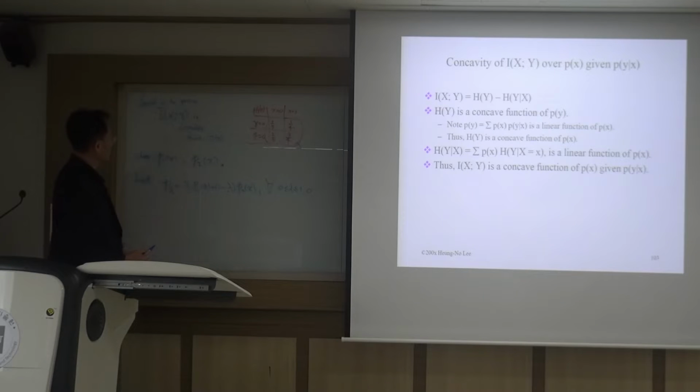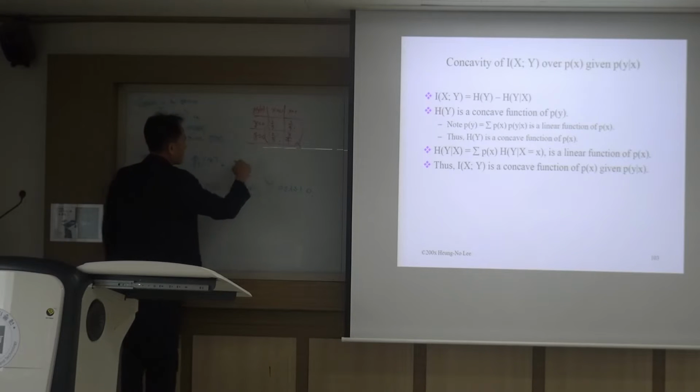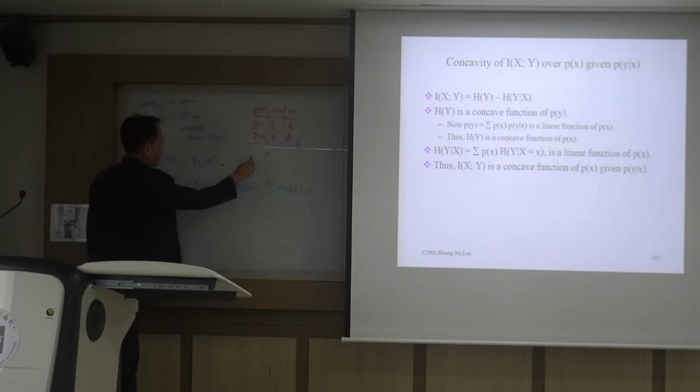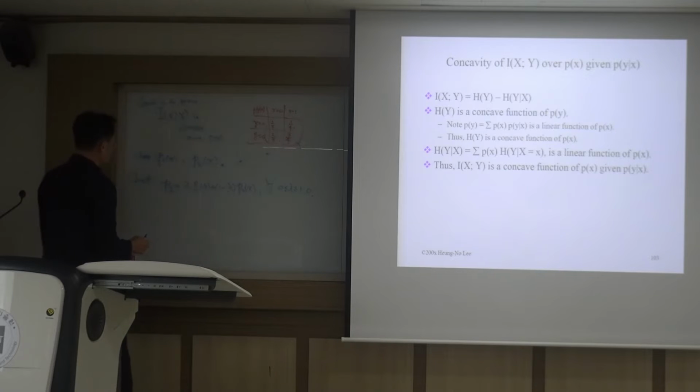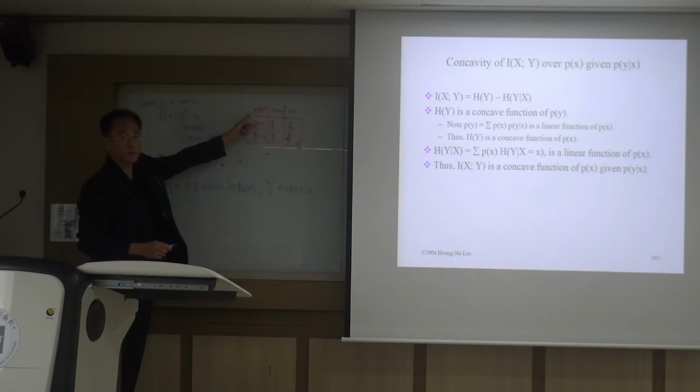if I have these two, all I have to do is realize that, for a convex function, the function of the average is less than or equal to the average of the function. Here, that function is mutual information. The function is mutual information, but this part was given to you.